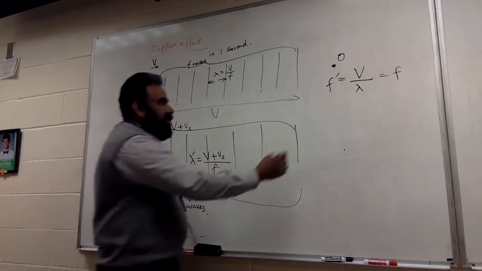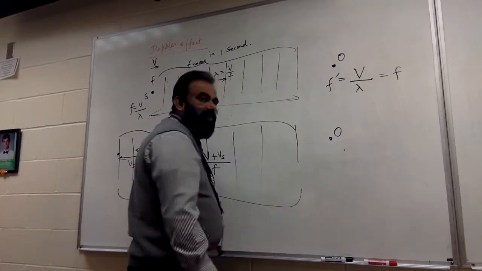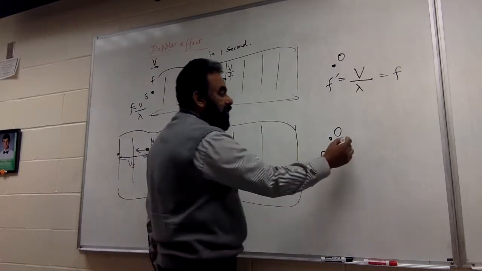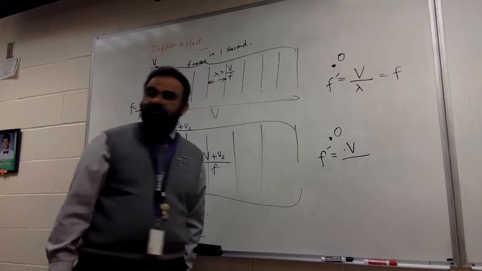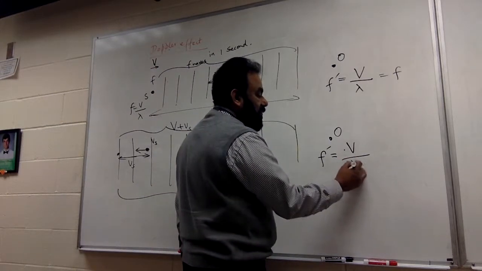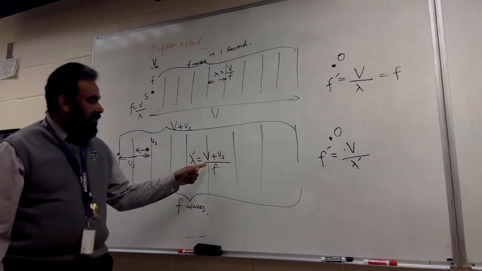So now let's find out the observer. The observer is going to hear a frequency f prime, which depends on the speed, which is not affected. Speed is the same thing. And lambda is affected. And the new lambda is this.